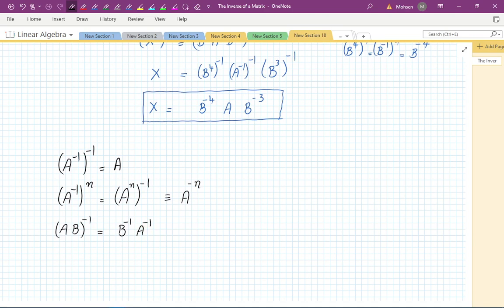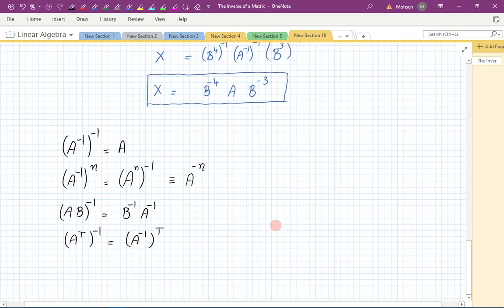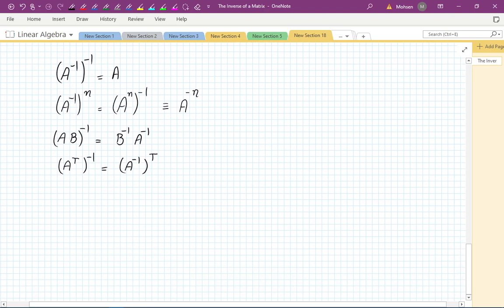There is a tiny bit of interplay with the transpose as well. If you have a matrix and then you find its transpose and then you find its inverse, you get the same thing as if you get the inverse first and then apply the transpose. So the rules that we had the previous time, you can combine with this set of rules here.